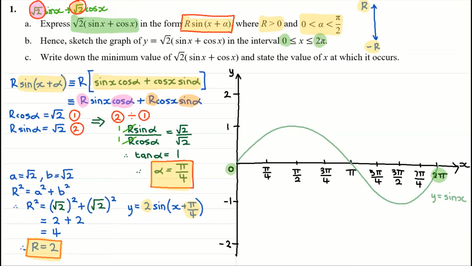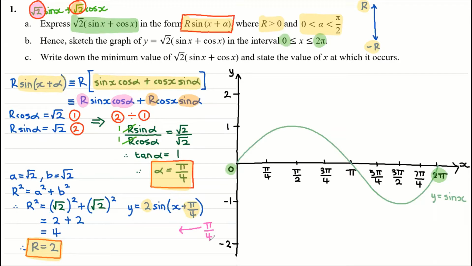Right, so we have to transform this. Now, we go back to what we deduced earlier. Having the plus pi over 4 inside the bracket is telling me I'm going to have to translate my parent function by pi over 4 in that direction because it's inside, opposite. Okay, so that seems fine.